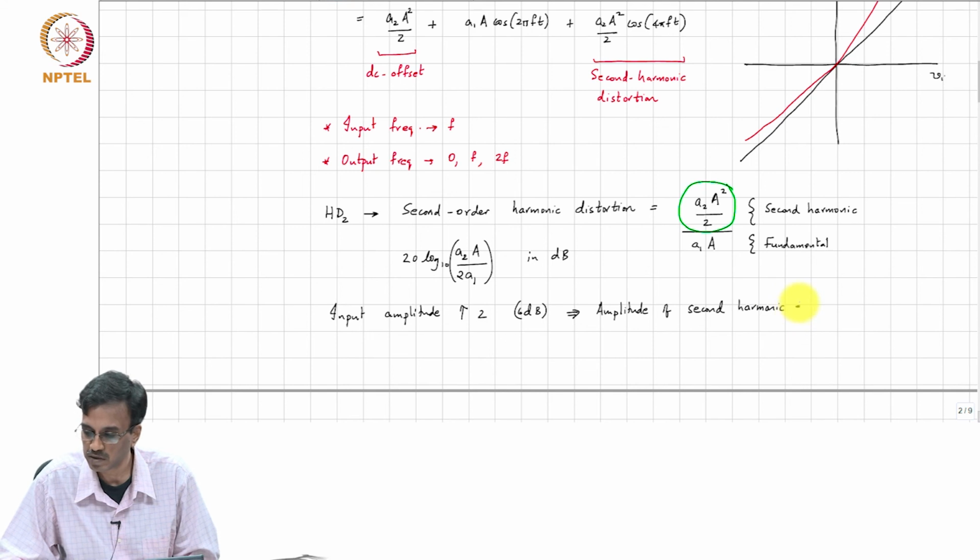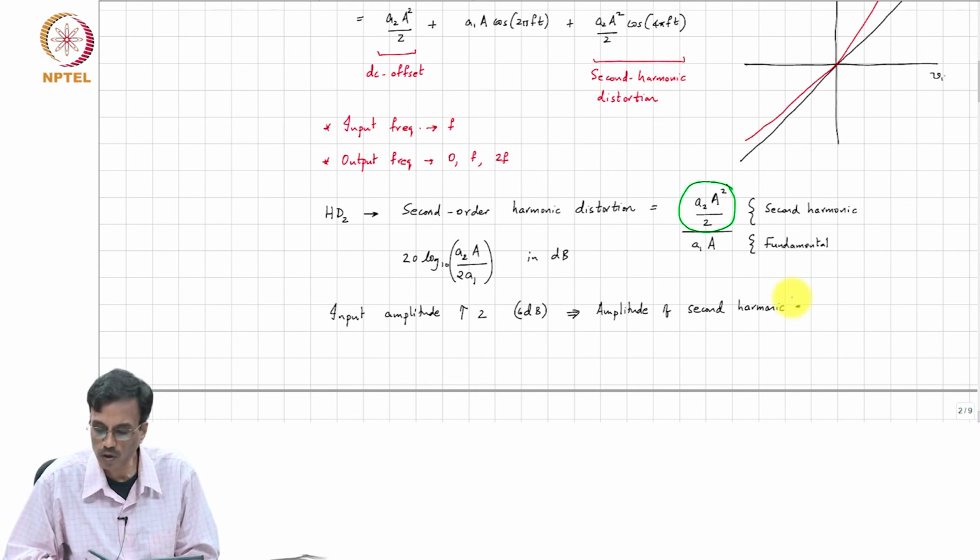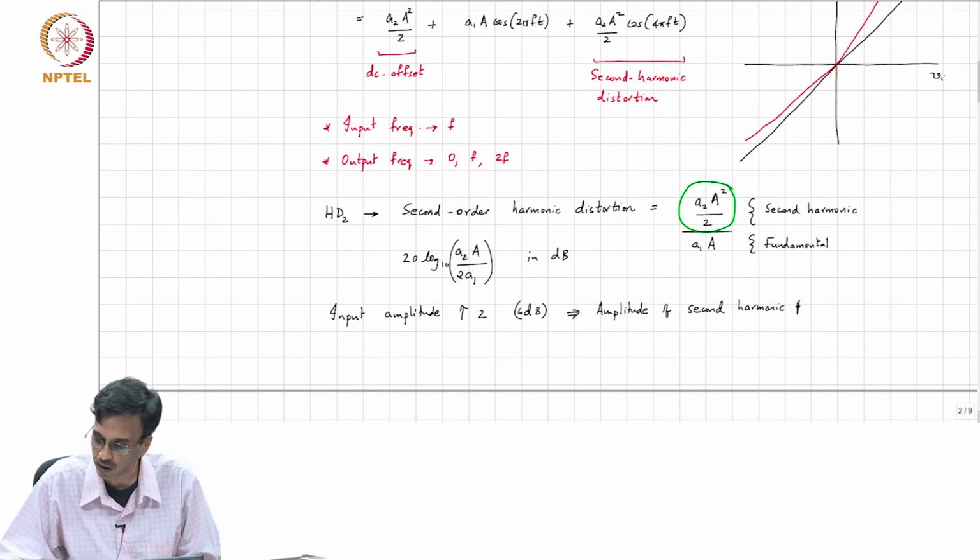Yeah, that becomes a square. So, it goes up by a factor of 4, which is 12 dB.